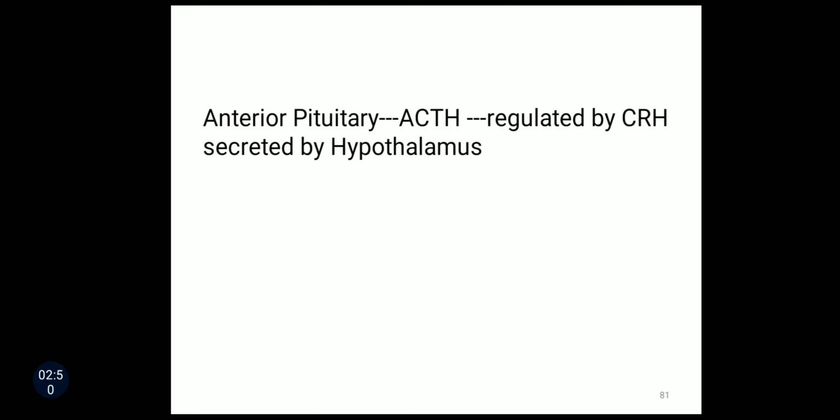ACTH is mainly regulated by the corticotropin releasing hormone, CRH, which is secreted by hypothalamus. So anterior pituitary secretes ACTH, and this ACTH regulates adrenal cortex, and this ACTH is regulated by CRH. That is how indirectly hypothalamus controls adrenal cortex.